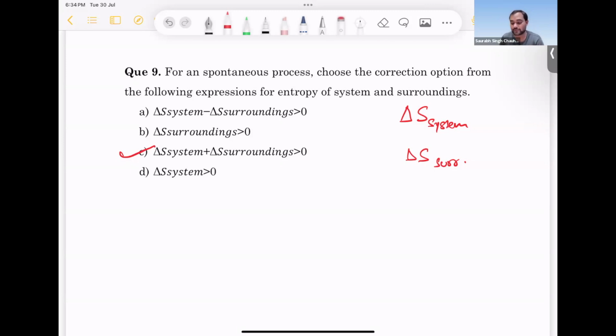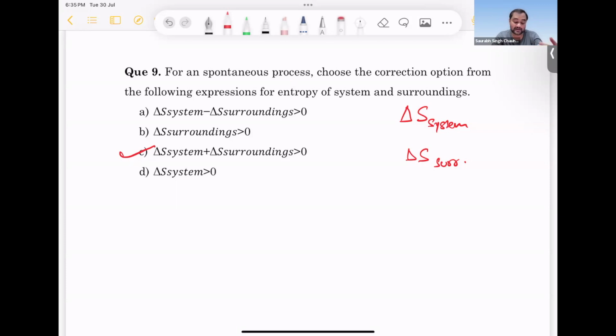You can have processes where the entropy change can be negative for the system. Like there can be some exothermic reactions where entropy change can be negative for the system, or when there is heat rejection from the system. But in those cases, the entropy generation due to the irreversibility should not be very high.